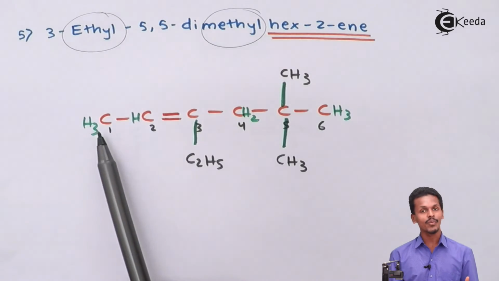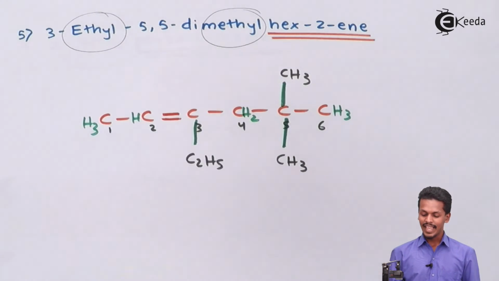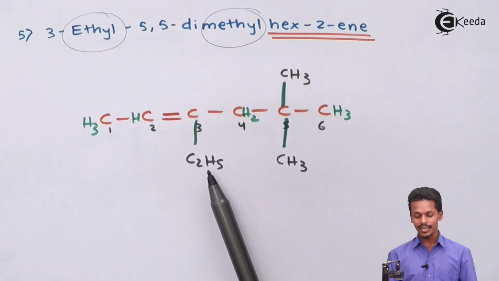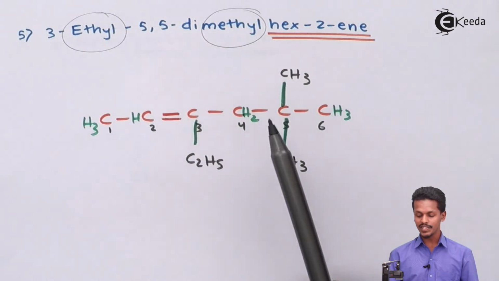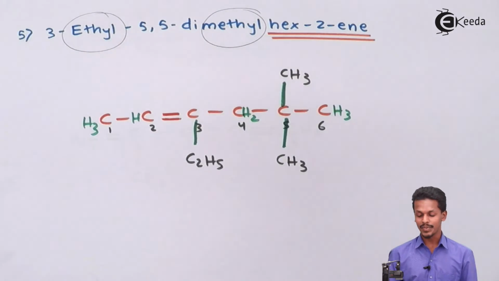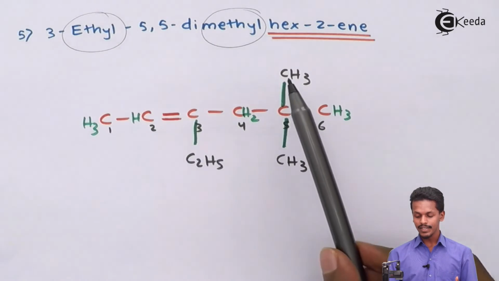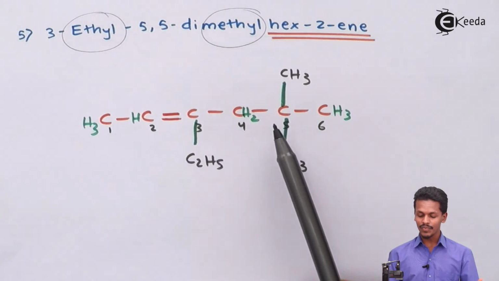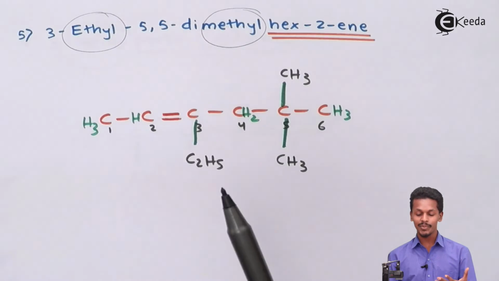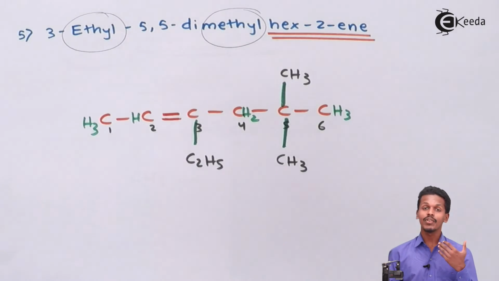That's the reason we have numbered it from 1 to 6 over here. And that's the reason that on the third carbon atom an ethyl group is present, and on the fifth a methyl group is present, and again on the fifth a methyl group is present. So therefore we could name this as 3-ethyl. And the word 3-ethyl doesn't depend on the number, or on the locant.